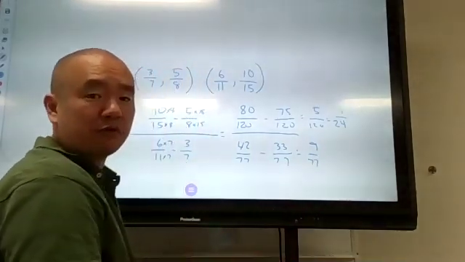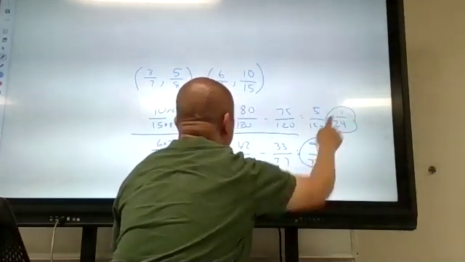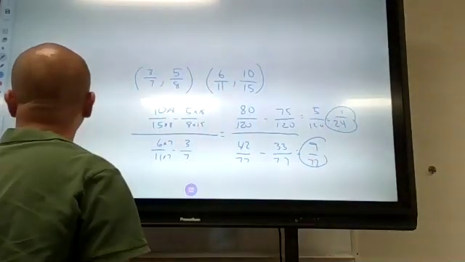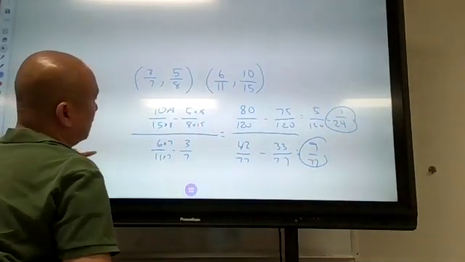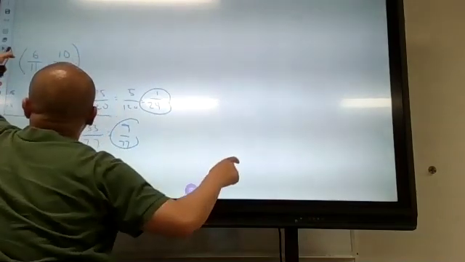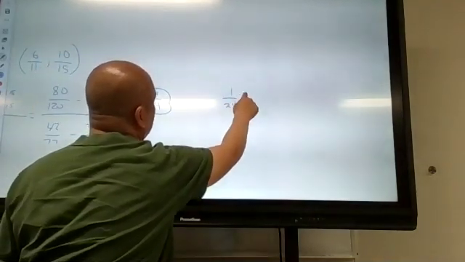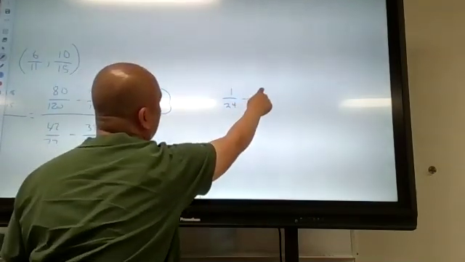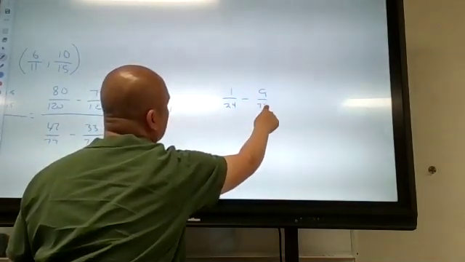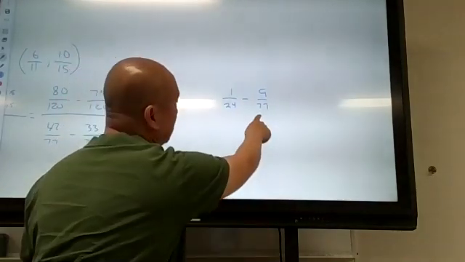Okay, so now you have all these weird fractions, right? You have this and this. So now what you're going to do is 1 over 24 divided by 9 over 77. When you divide, remember you're multiplying by the reciprocal of the second fraction.